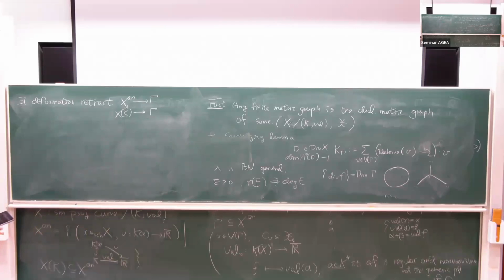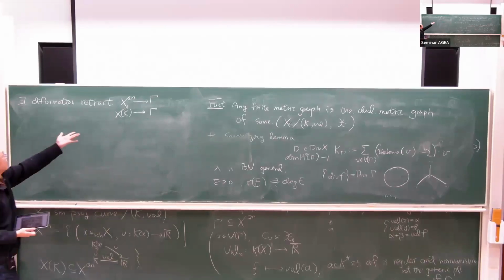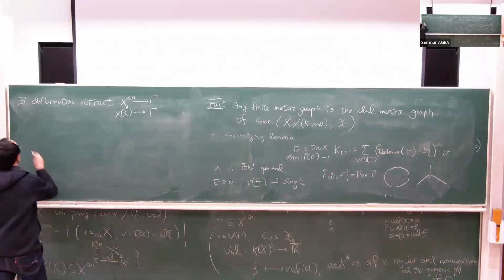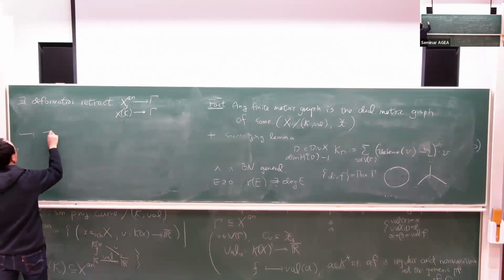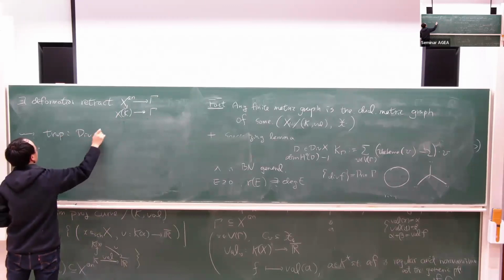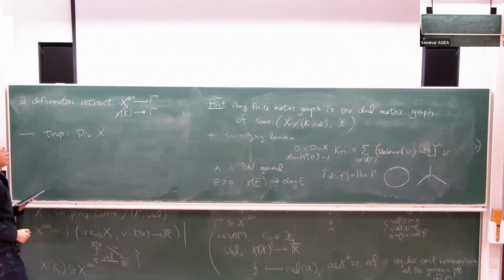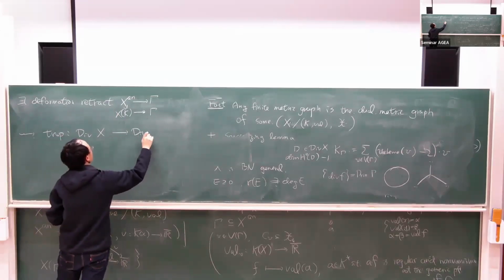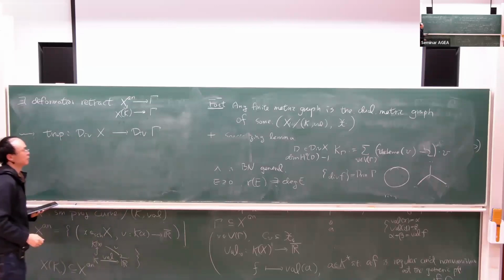So now, what is the tropicalization map of divisors? You can use this projection. So in short, we have the tropicalization map from the divisors on X to the divisor group of gamma.